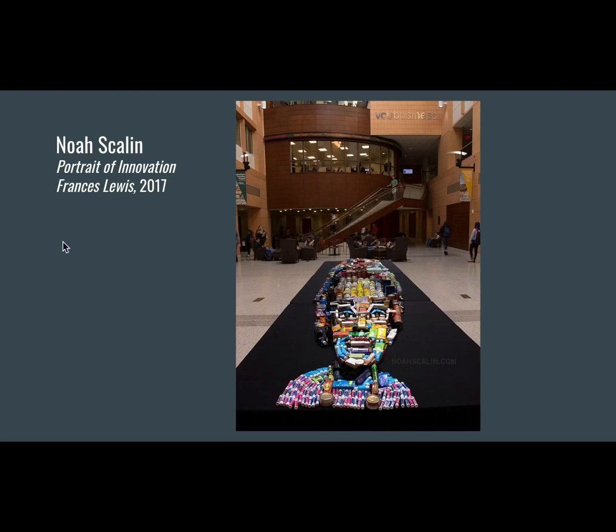So he was an artist in residence at Virginia Commonwealth University, and Lewis was a long-time supporter of the arts and philanthropy in Richmond, and because of her philanthropy and the way that she supported community, he made a piece where people brought in food and non-perishable items and toiletries, and he made this image of her, and then at the end those pieces were given to people in need.